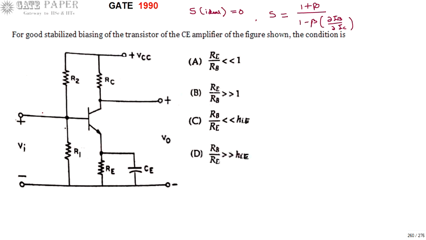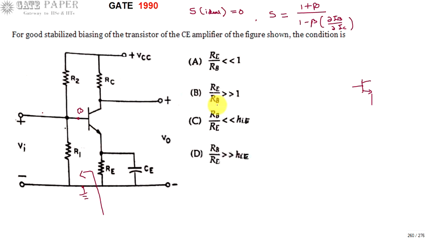So first draw the Thevenin's equivalent circuit across base and ground. As you are very much familiar, to analyze voltage divider biasing, the first step is to draw the Thevenin's equivalent circuit between base and ground. You replace the external circuit connected between base and ground with a Thevenin's equivalent voltage in series with Thevenin's equivalent resistance.